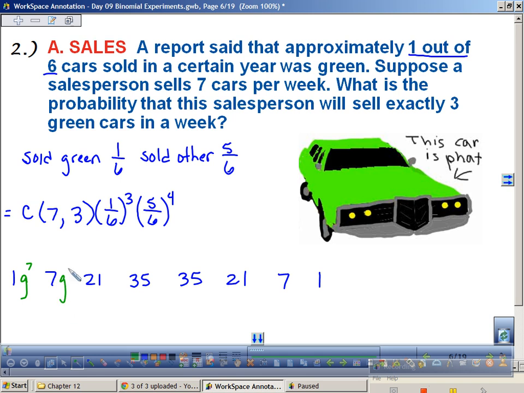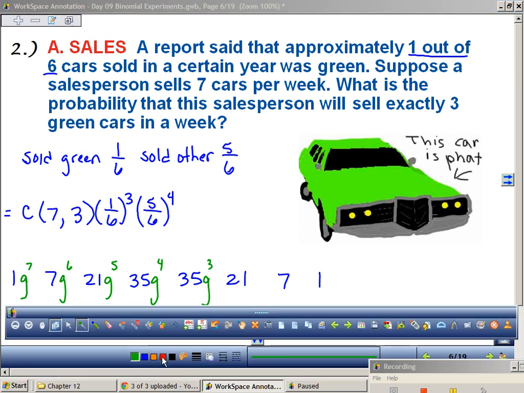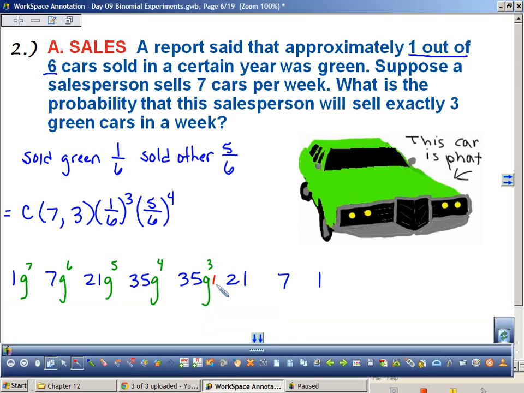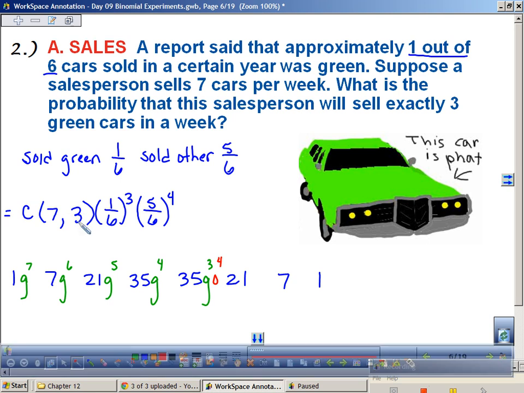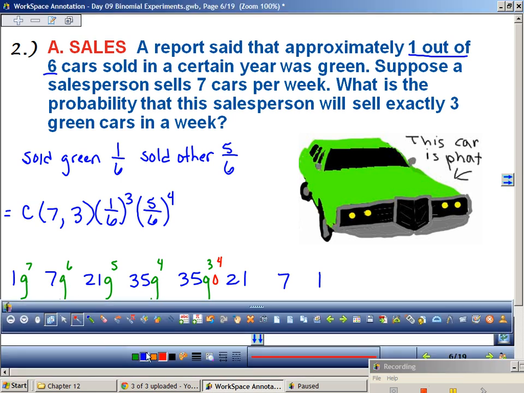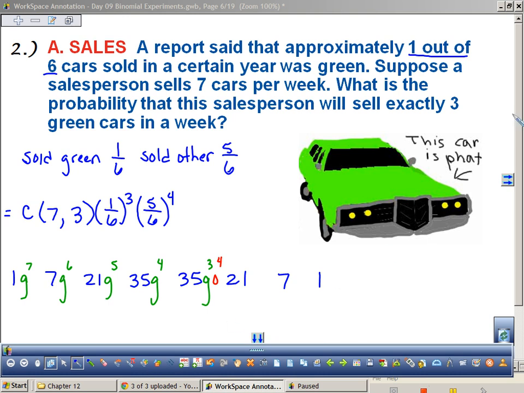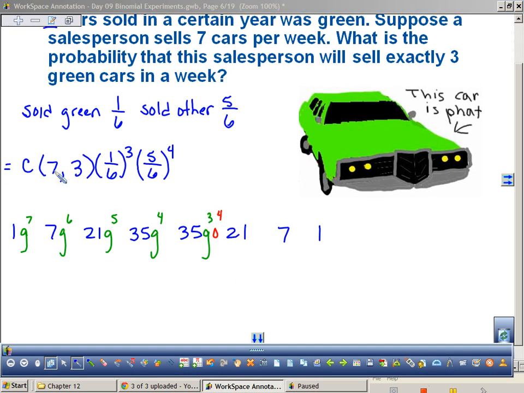This green would be to the 6. This green would be to the 5, 4, 3. That's the one. That's the magic one right there. So what would the other be? Other to the 4. See how that matches that? So what do you think 7 choose 3 is? 35. See it all relating? See it now? Good. I see light bulbs going on. Interesting how they relate, huh?